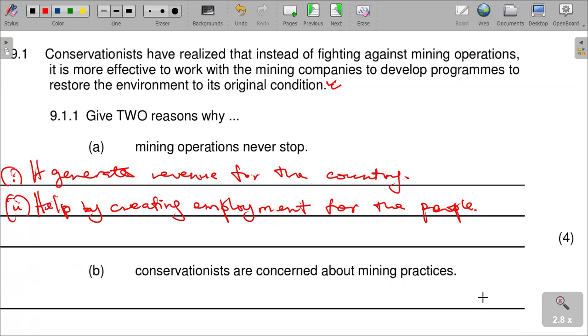And then we can also maybe say that it provides opportunities for scientific and technological research.